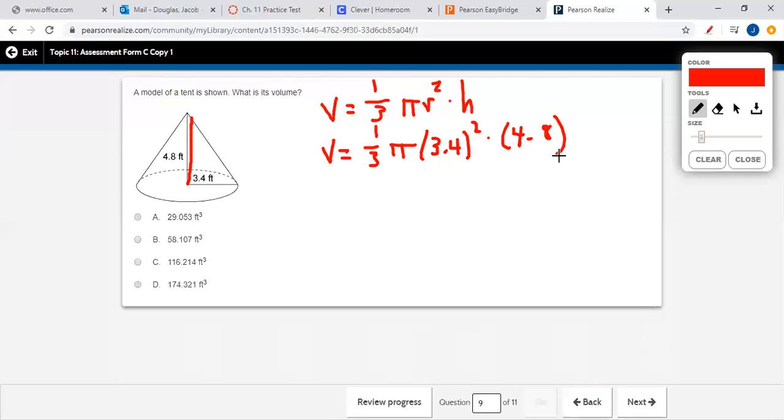If you do that, you should wind up getting 58.1068, which rounds to 58.107. So as long as you do it correctly, you should get answer choice B, which is 58.107 cubic feet. And that's how you do number 9.